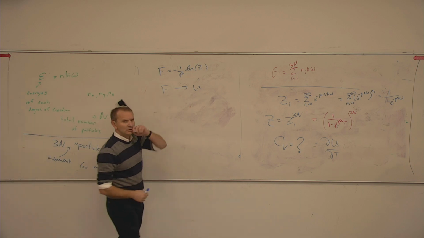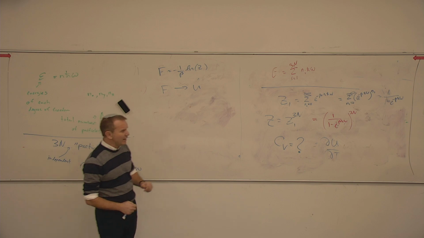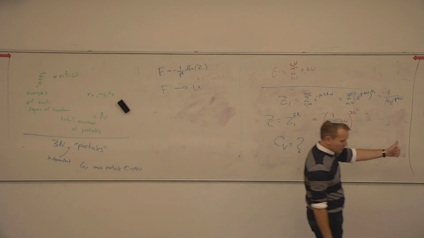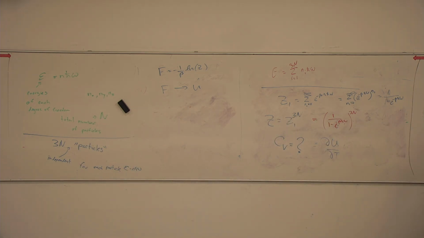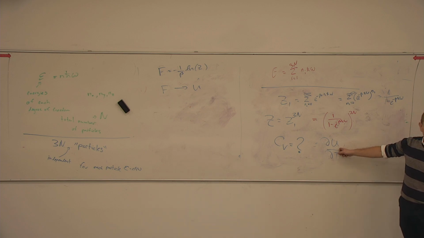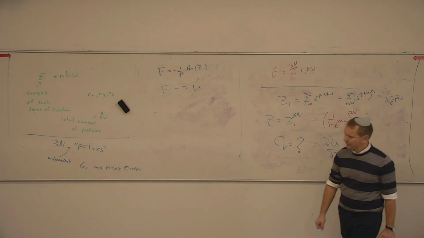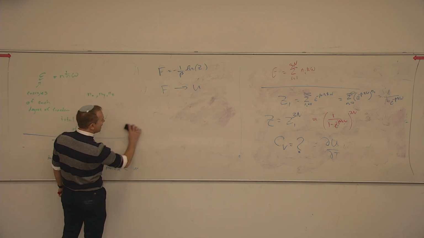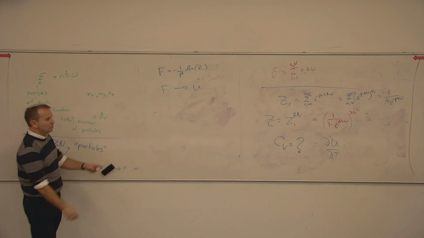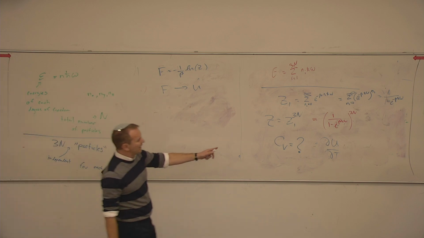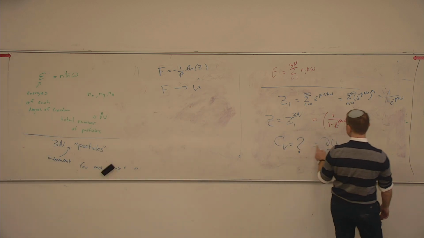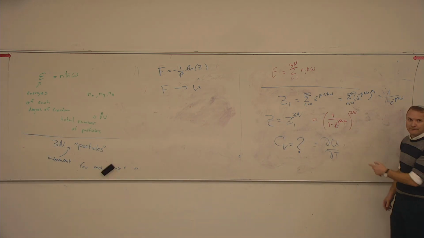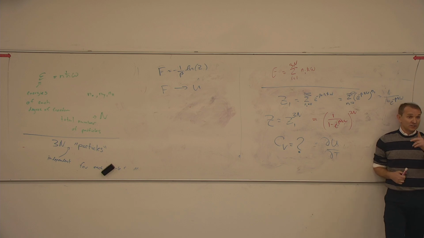So that's it. Now, instead of doing that, because I never remember all these formulas, you can say, well, let's compute U directly. How would I do that? What is U? When I say to you that C_V is dU/dT, what is U? Average energy.